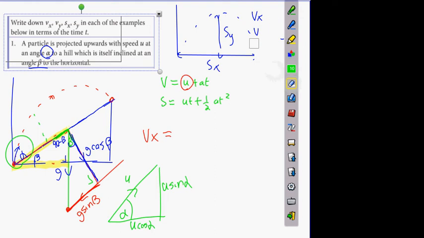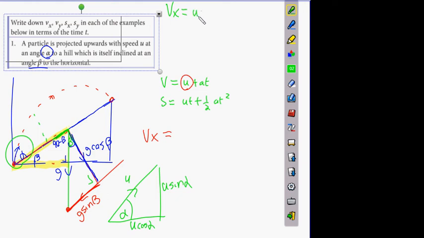Okay, so what's going to happen is we're going to get phi x equals, what's the component along the x-axis for u? Or the component along the s direction for u? U cos alpha this time around. Now, what part of gravity acts against the x-axis?